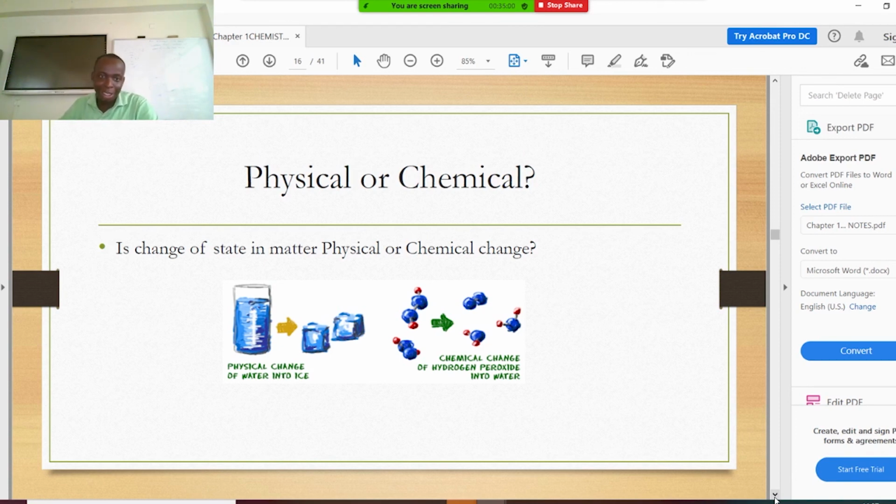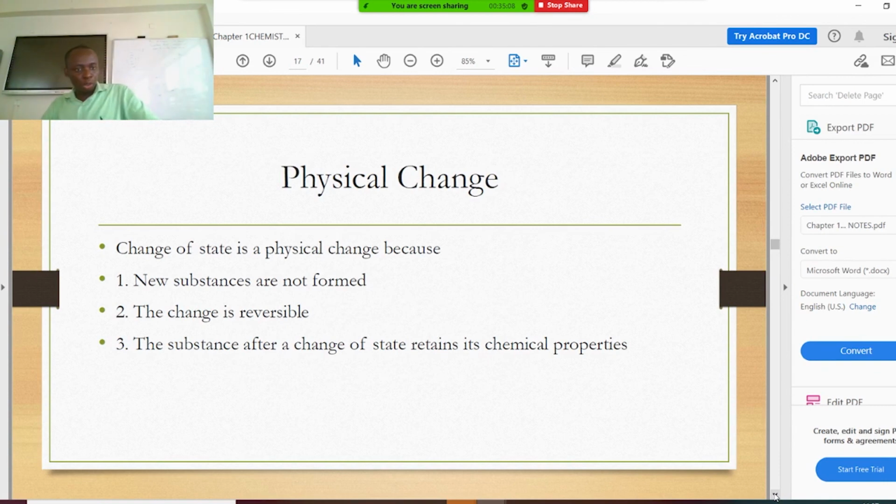So it's a physical change, because new substances are not formed. And then also the change is reversible. You can move from solid to liquid, liquid to solid, gas to liquid, liquid to gas. And then also the substance, after a change of state, retains its chemical properties. That's very, very important. They retain their chemical properties.